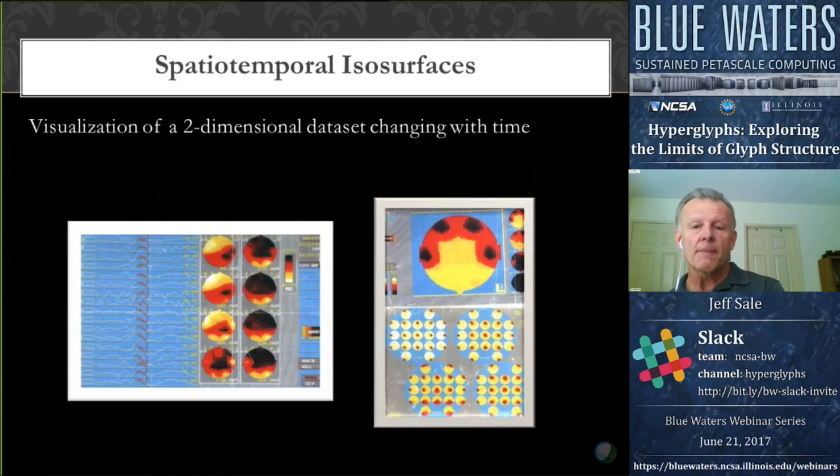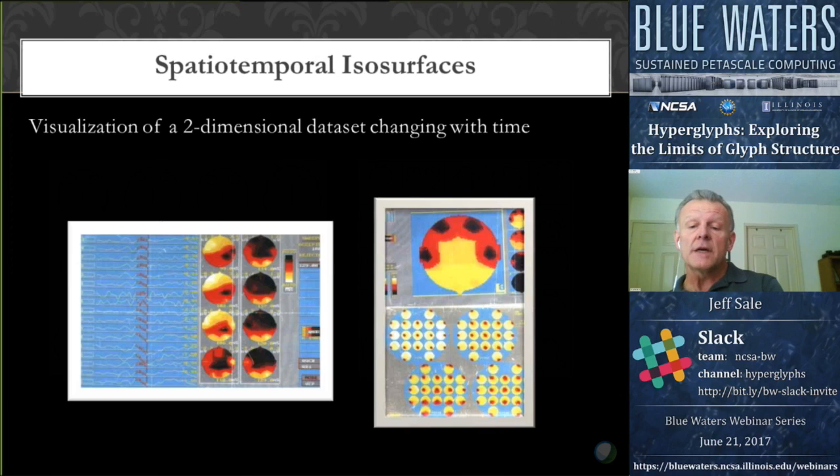Now, I had used the principle of small multiples many years ago in doing visualization of topographic brain maps. The tradition was that a neuroscientist or a neurologist would look at a small sequence of two-dimensional brain maps and try to piece together the structure, the dynamics that are going on in the brain as a result.